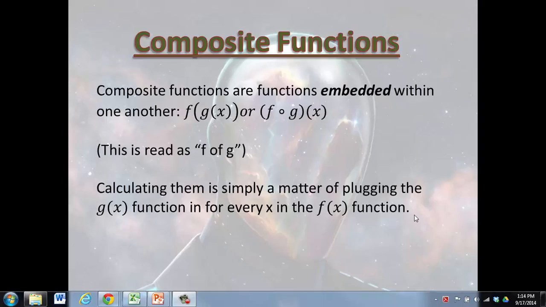Okay, the second video that we're starting with for section 1.8 deals with composite functions. We just did combinations of functions. Composite functions are a little bit different because they are basically functions embedded within one another.